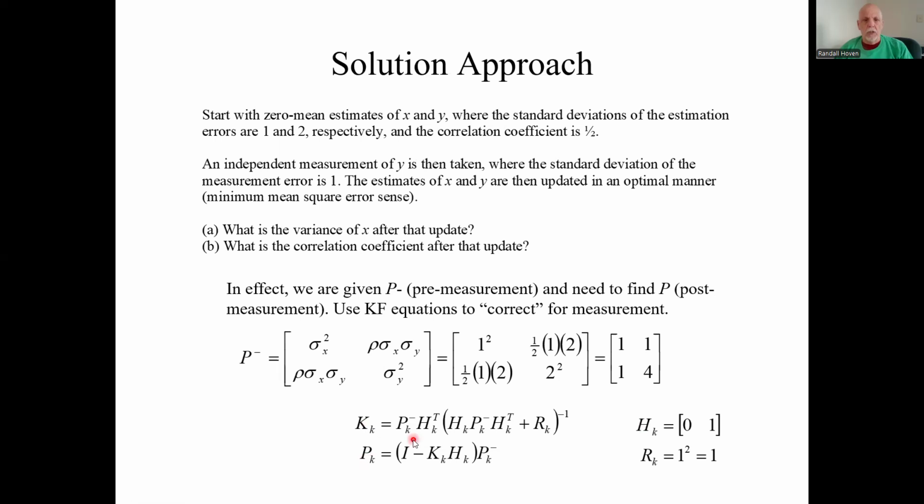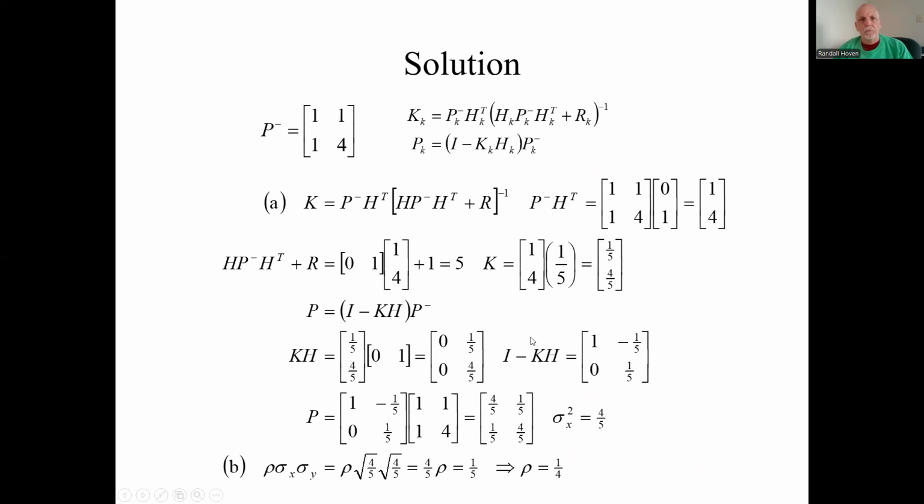For the K, we needed the P before going in, got that. H, got that. And the R, we got that. We got everything we need. We just need to do this matrix arithmetic. It might be slightly painful, and I'm not going to go through all the matrix arithmetic. I'm really interested in, could you set the problem up right?